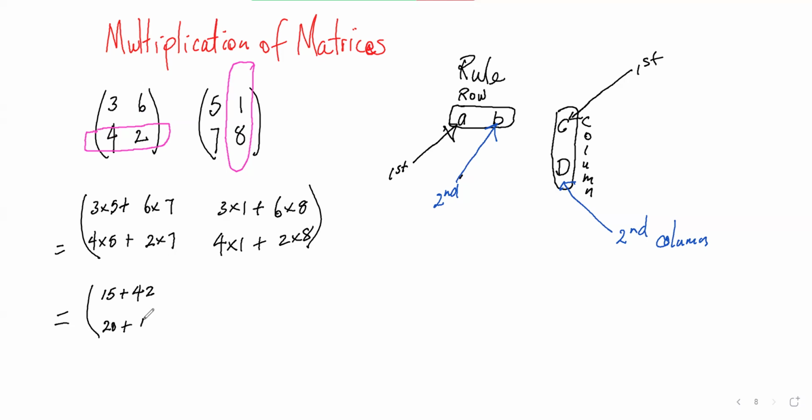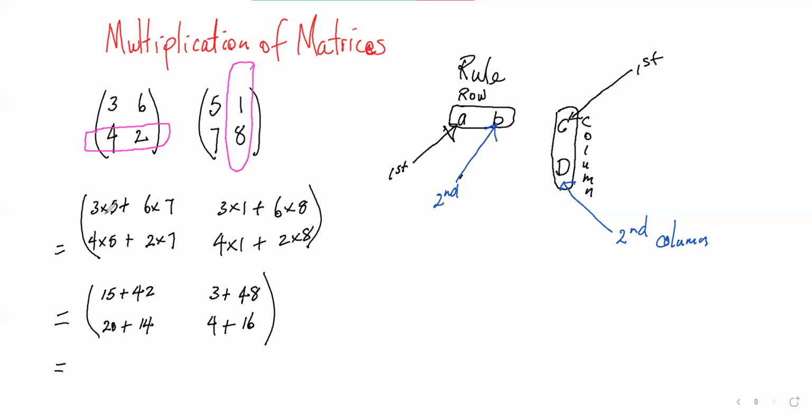Plus 7 times 2, 14. 1 by 3 is 3. 6 times 8, 48. And 4 plus 2 times 8, 16. All right, so we're almost done.